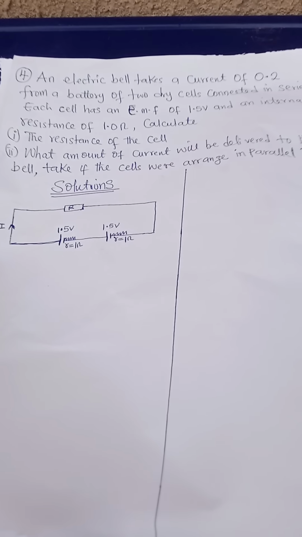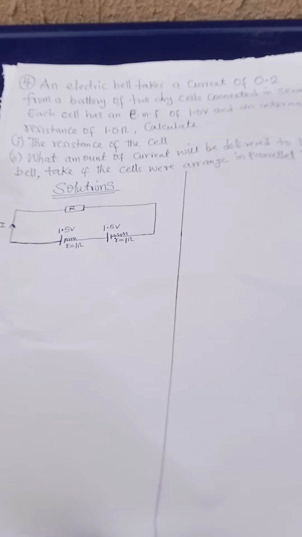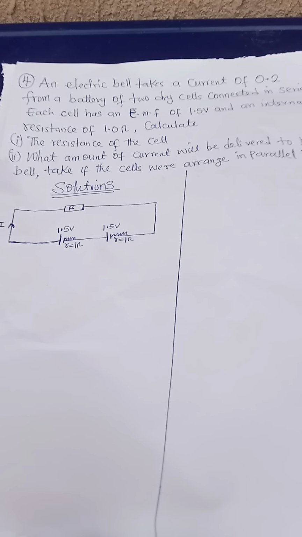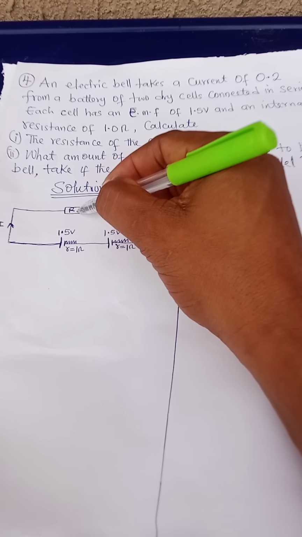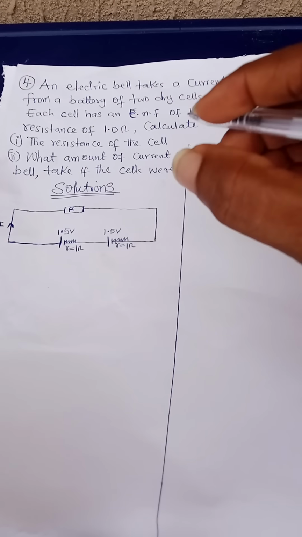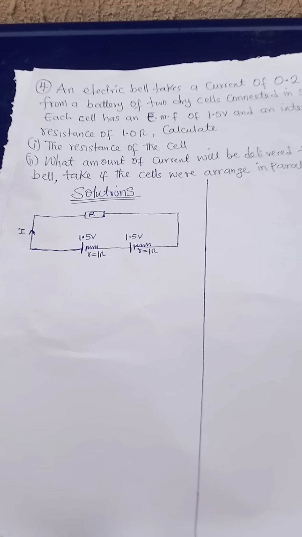The question says we should calculate the resistance of the cell, which is possibly asking us to find this resistance R here. So this is the circuit diagram. I've drawn it. You can take your time and study this, or use your pen and copy it.